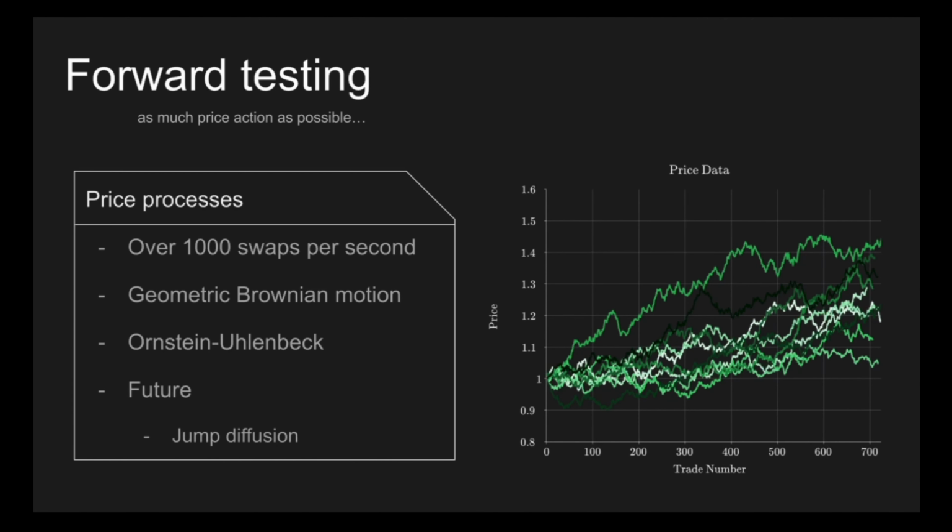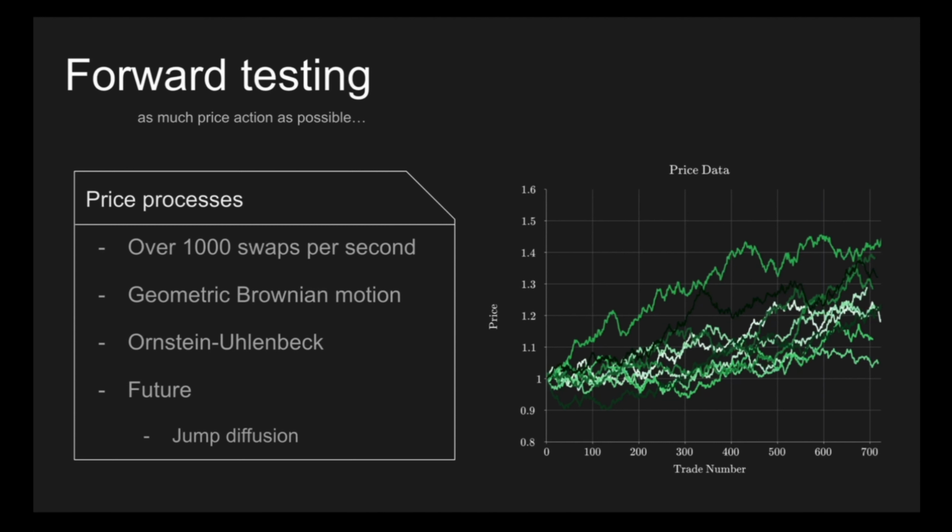Awesome. So taking an example of the performance in the forward testing example that we've shown, we've been able to process over 1,000 swaps per second, unoptimized, so this is just with the dev compile environments. And this is on some data just from our 2 different stochastic price processes.